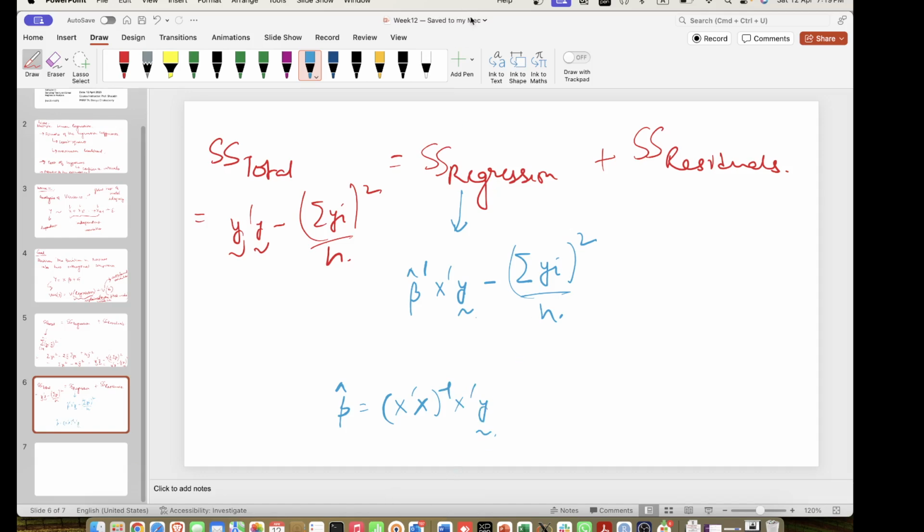Okay, and sum of squares due to residuals is given by (y minus X beta hat) transpose into (y minus X beta hat), which literally translates to y transpose y minus beta hat transpose X transpose y.